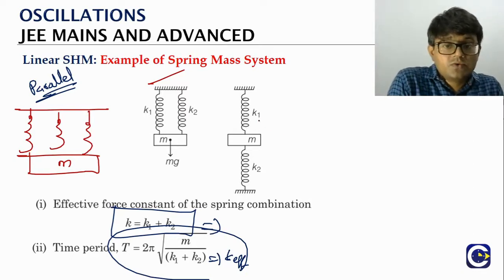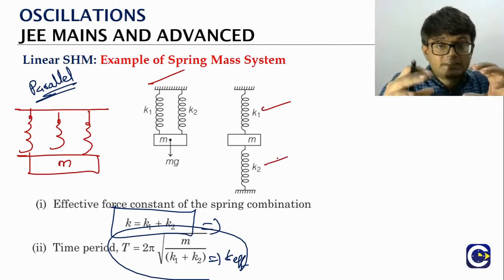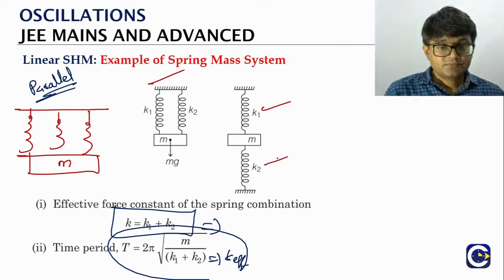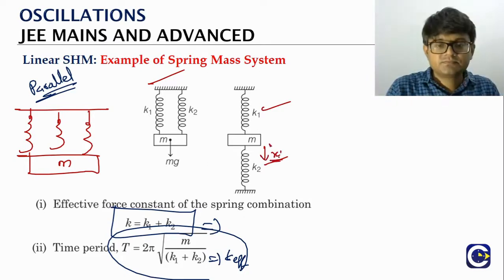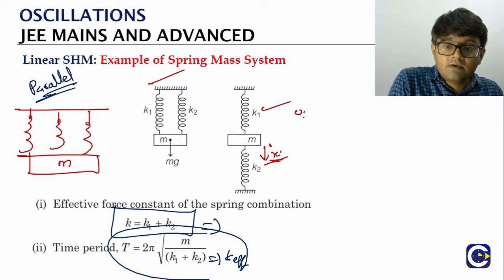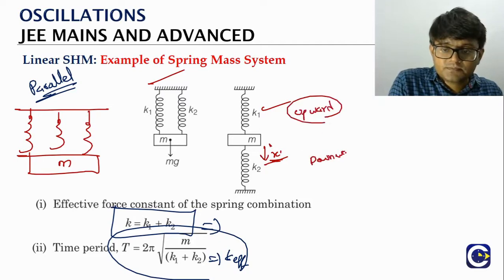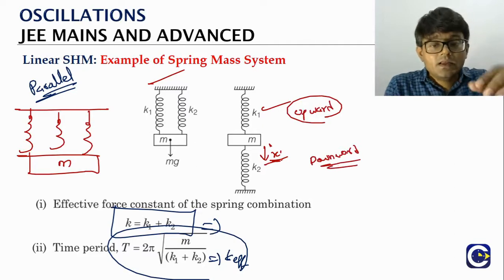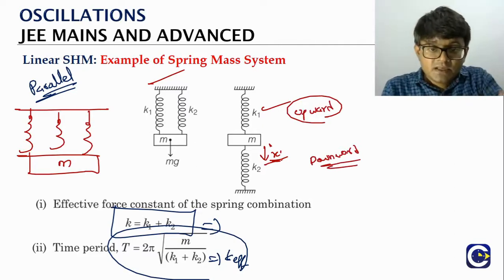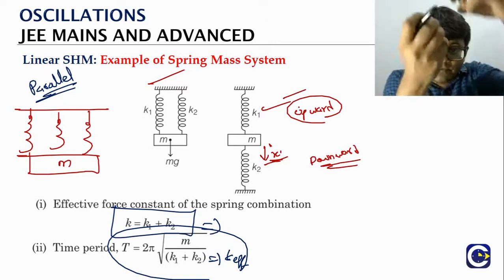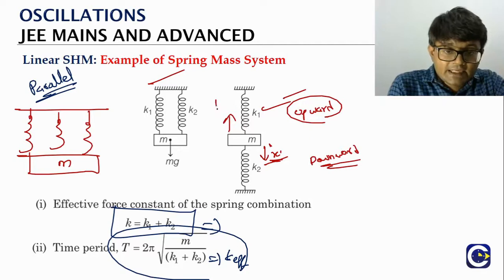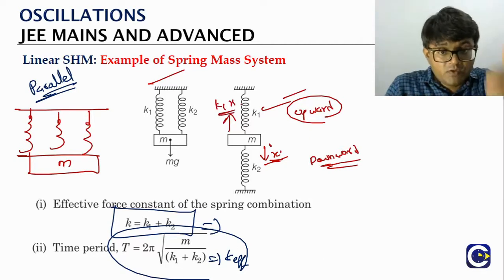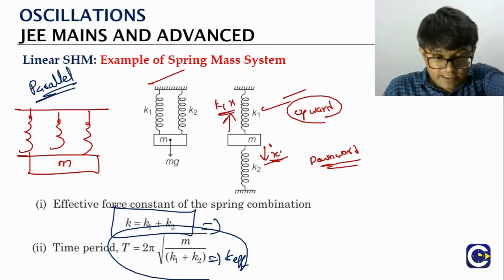Now look at this. We have the mass connected to one spring on either side. Think about it. If you give a displacement x down to the mass, I will call this the upward spring and this the downward spring. If you pull the mass down, the upper spring is elongated. So the restoring force, in the opposite direction, will be upwards.